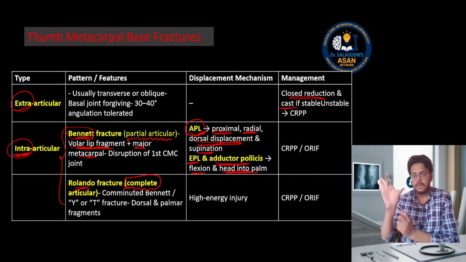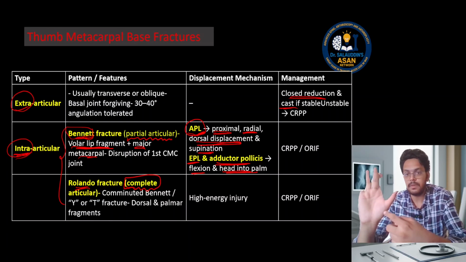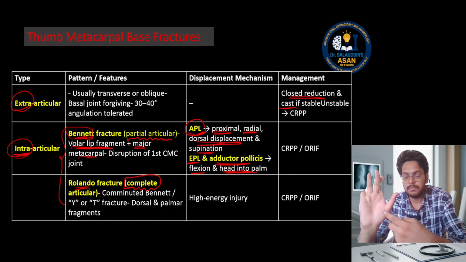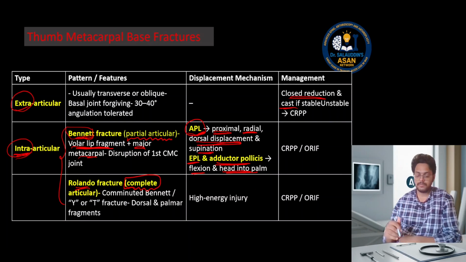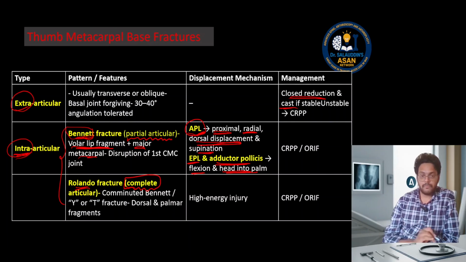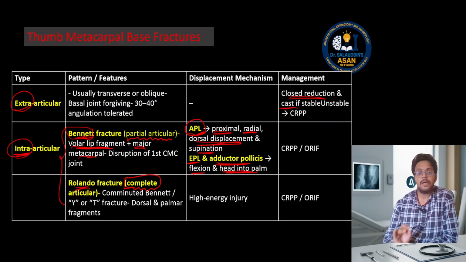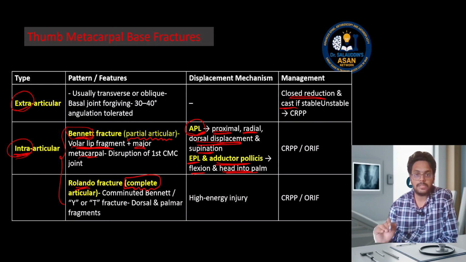Okay, this is the base of the thumb. Base of the metacarpal thumb. If the fracture occurs, this will be pulled inside the thumb by the EPL and the adductor pollicis. I will show you in the image. Why this is important is, here no conservative management works.